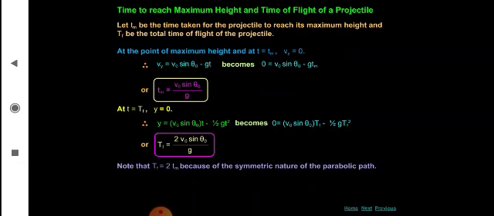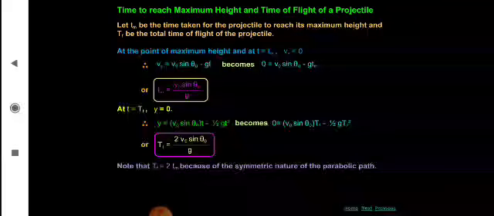The equation is y is equal to v naught sin theta naught into t minus half times g t square.